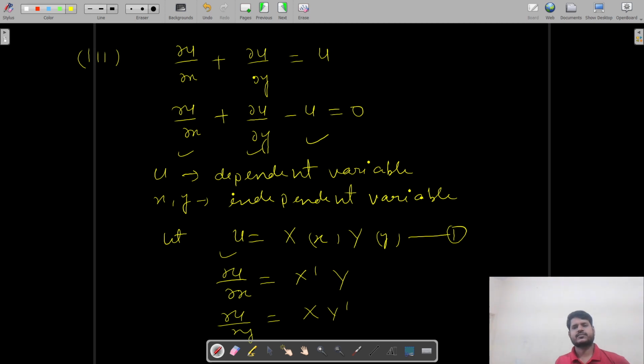Right? Now is this clear? Now we have to put these values of u, and the derivatives with respect to x and y, into the given equation.